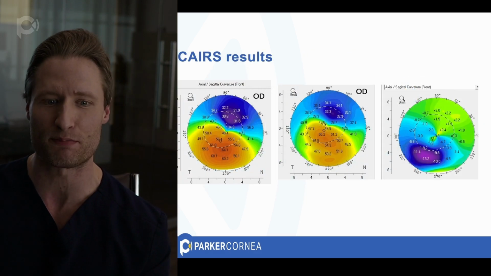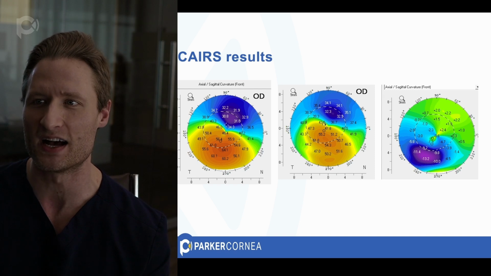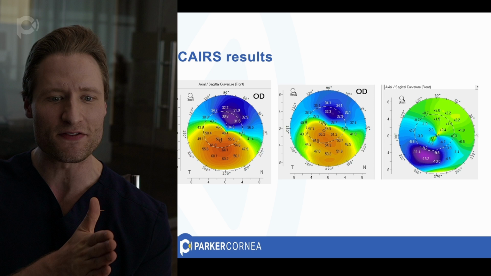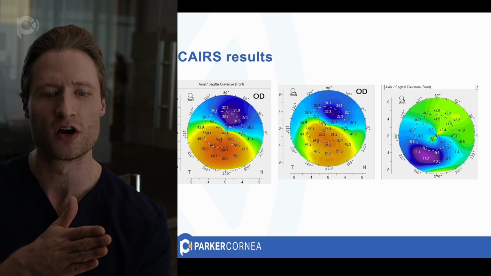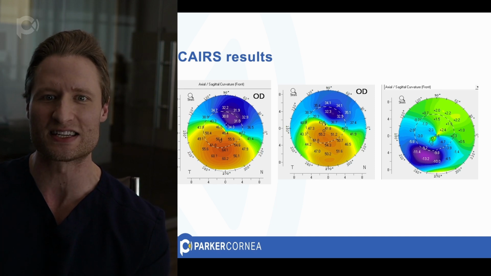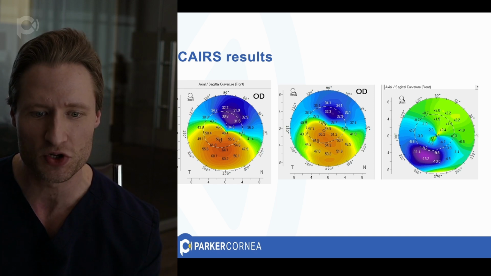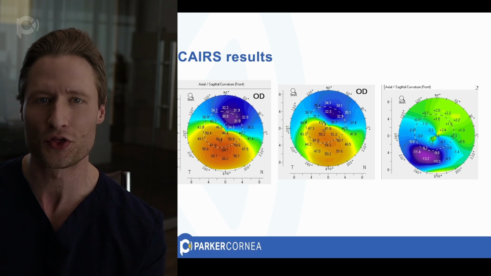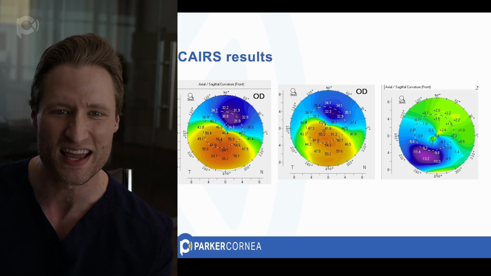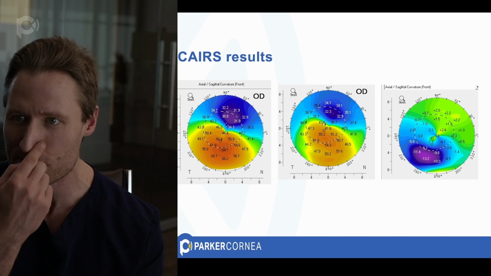Here is that patient who had crosslinking done, followed by CAIRS implantation. The leftmost image, that's the preoperative picture. The centermost image is the postoperative picture. And the rightmost image, that's the postoperative difference. And what you'll notice is that this patient had 13 diopters of flattening of their cornea at the apex of the cone.